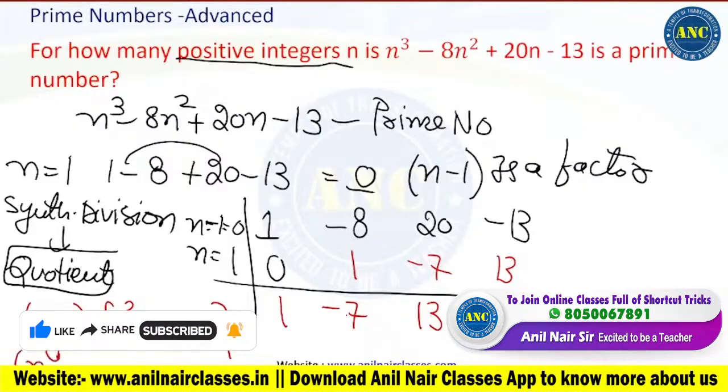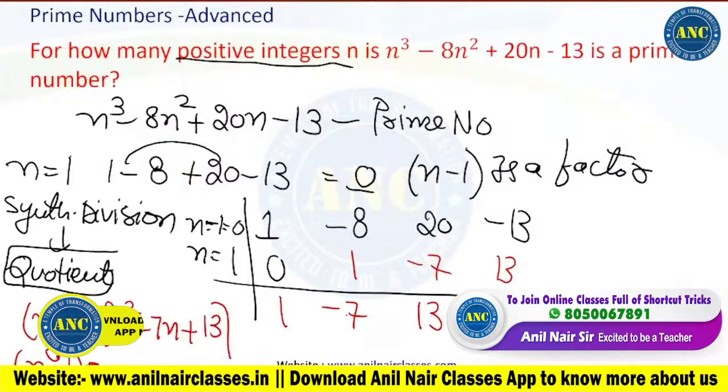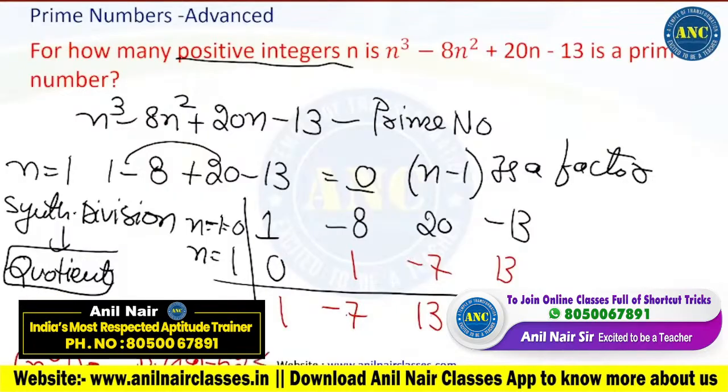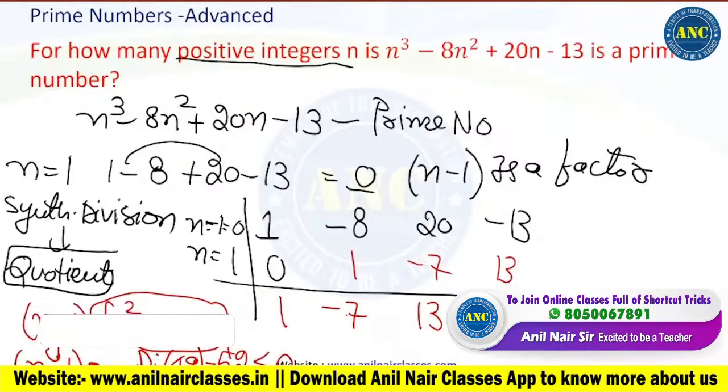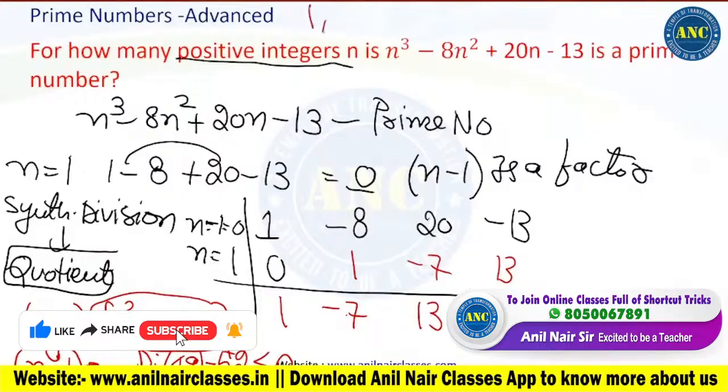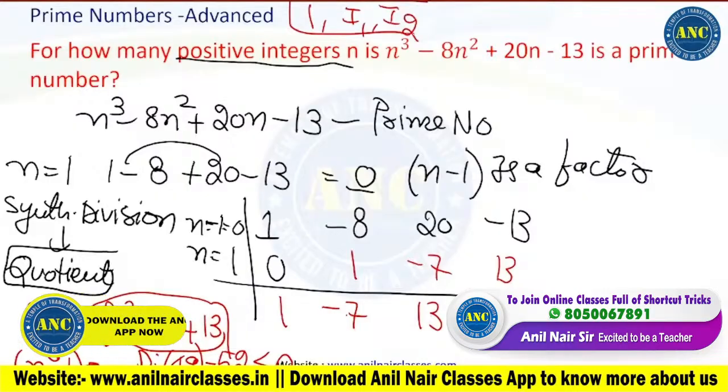This is n minus 1, a factor. The discriminant b square minus 4ac is minus 52, which is less than 0. That means the roots are imaginary. So I am getting 1, i1, i2.